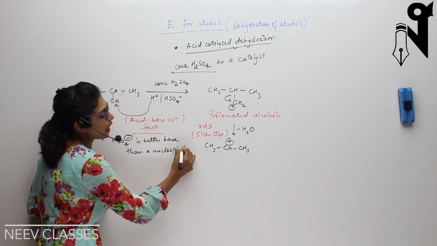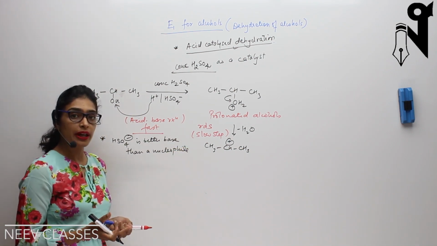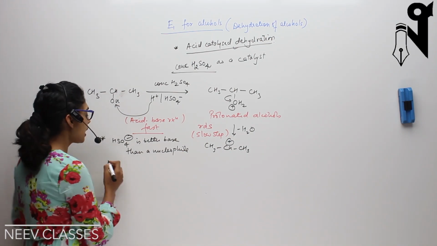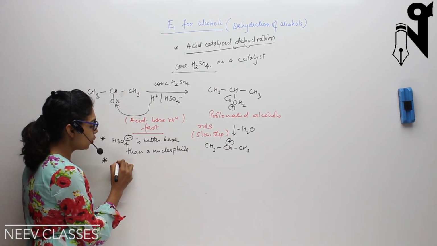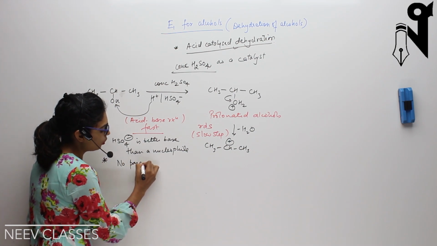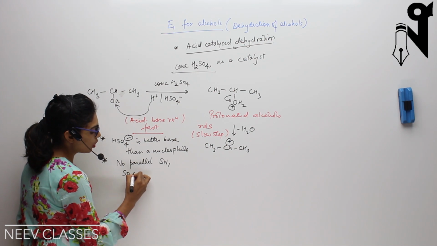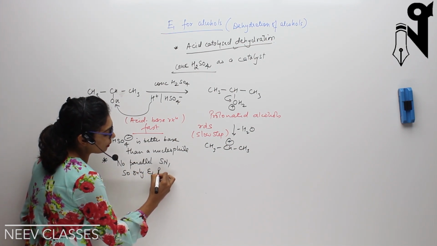So when it has a chance to behave like a base or a nucleophile, it will prefer behaving like a base, and that is the reason there will be no parallel SN1. So only E1 products will be formed.